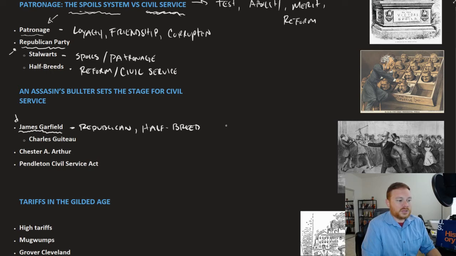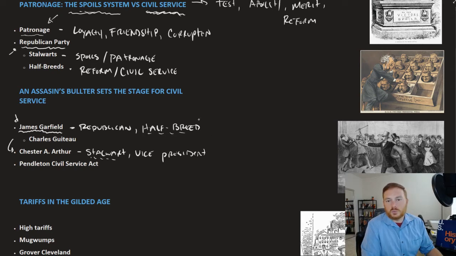So he was somebody who favored more of the civil service reform side of this. His vice president was Chester Arthur, who was also a Republican but was a stalwart, right? And the idea by choosing a stalwart and a half-breed, one president, one vice president, of course, was to unite the party. And it was successful in getting Garfield elected to the presidency in 1880.